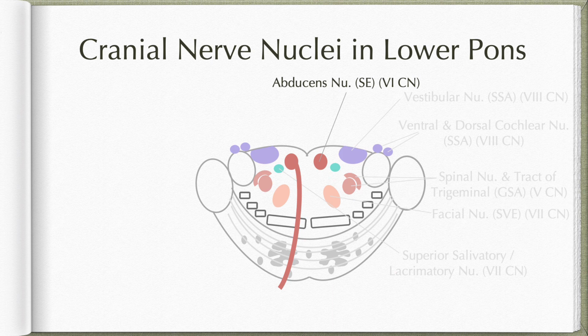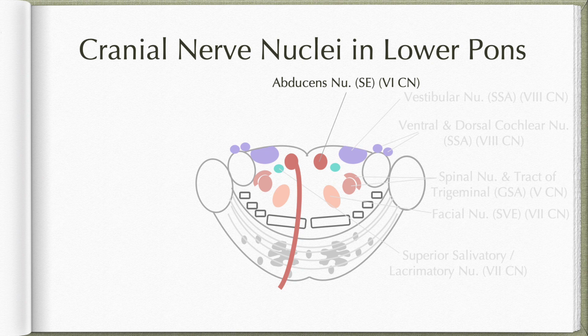Abducens nucleus receives inputs from the contralateral cerebral cortex. It also connects with oculomotor, trochlear and vestibular nuclei, as well as upper cervical spinal cord through the contralateral medial longitudinal fasciculus.